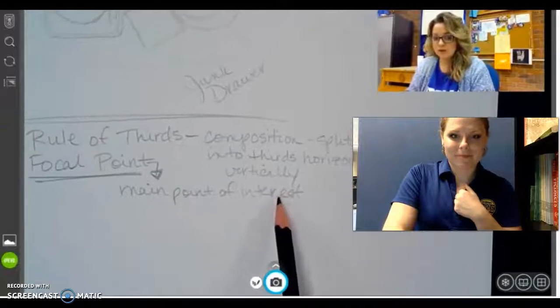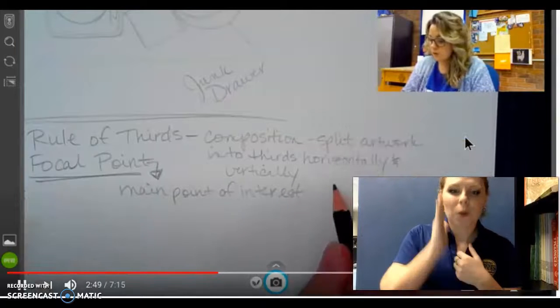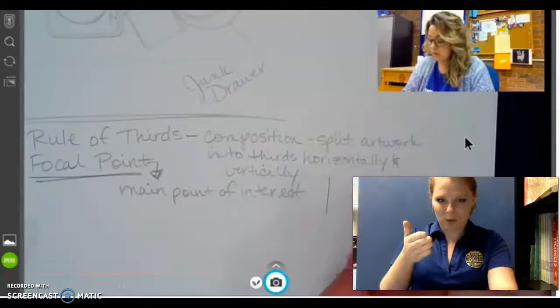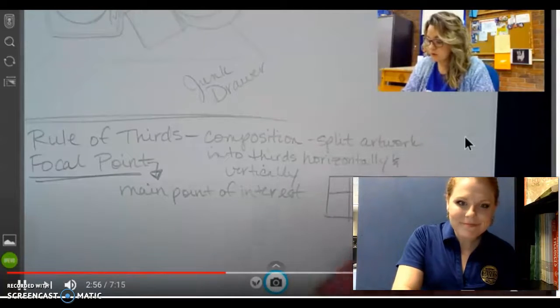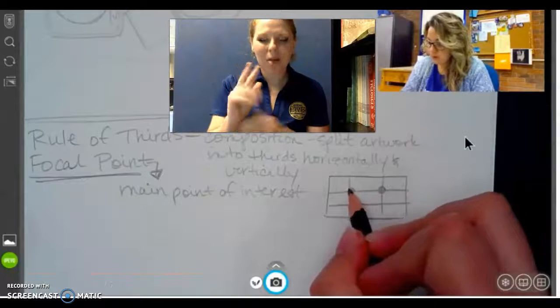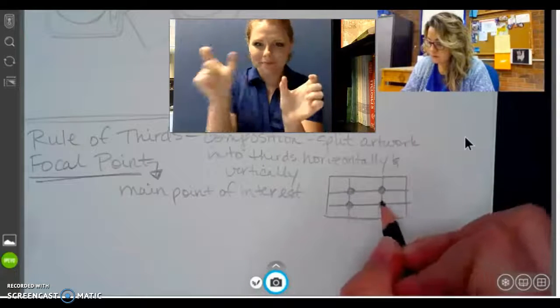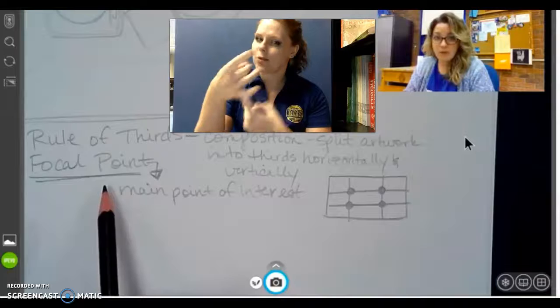The main point of interest would be the focal point. So here's our paper, here's our artwork. We're splitting it into thirds, and then these would be our points of interest in our composition, with one being the main focal point.